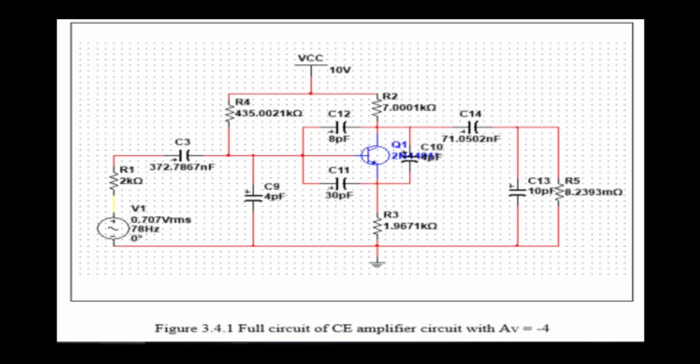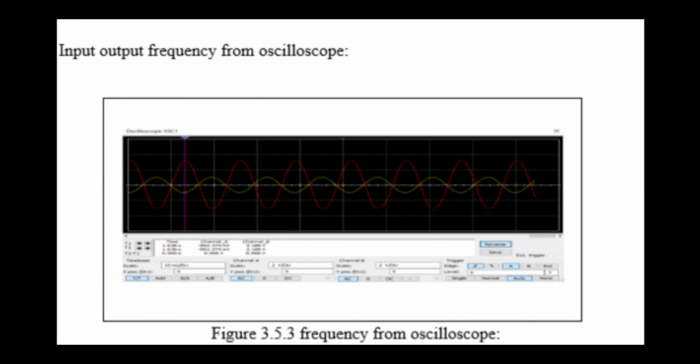This is the final circuit that we get, the common emitter amplifier circuit with a voltage gain of -4. This is the frequency from the oscilloscope. The yellow frequency is the input and the red frequency is the output.